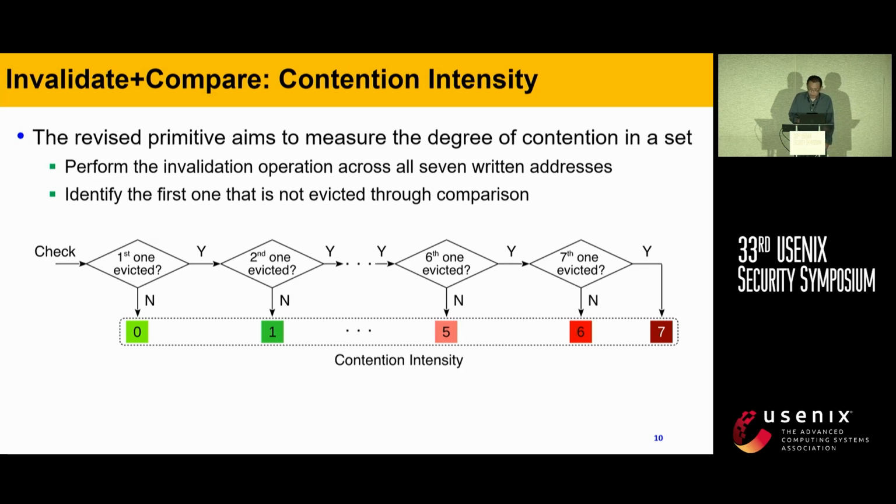Basically, we perform the invalidation operation across all the 7 written addresses and identify the first one that is not evicted through comparison. We then use the position of that address to encode the intensity of contention in the corresponding cache set.